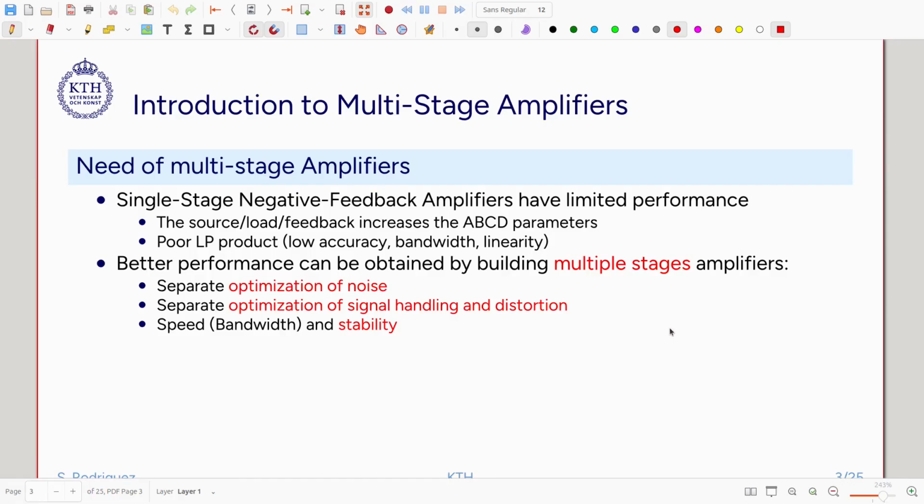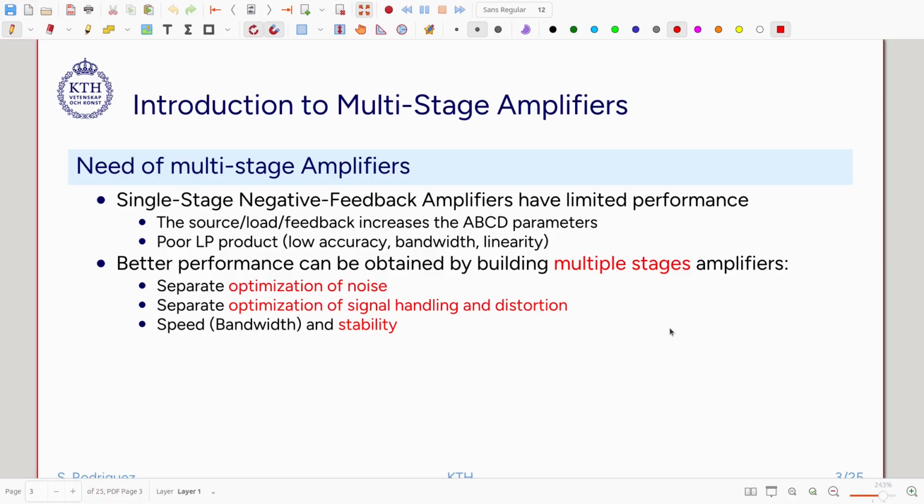As we have seen until now, single stage negative feedback amplifiers provide rather poor loop gain, and actually loop gain product with the pole. So the main issue is that we cannot get very good accuracy with a single stage, and then we also have limited bandwidth and linearity.